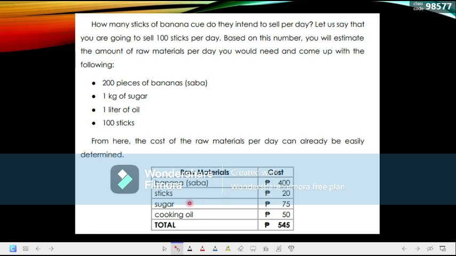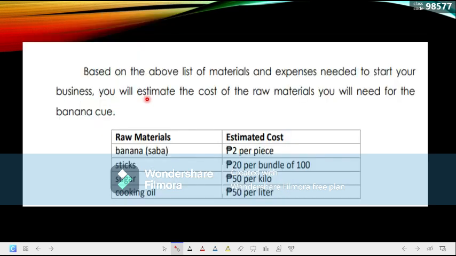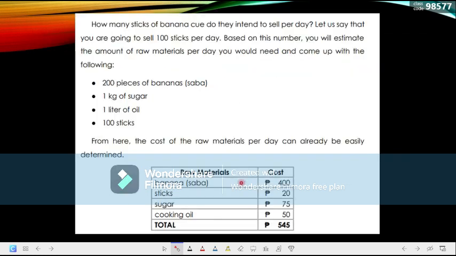Then sugar, although you need 1 kilogram of sugar, the price is 50 per kilo. However, let's say you need 1.5, so we'll just estimate that as 75 pesos in case you need more. Okay? For cooking oil, you have 1 liter of oil. Let's just estimate the cost, which is 50 pesos. So, a total of 545 pesos for the cost of the raw materials.